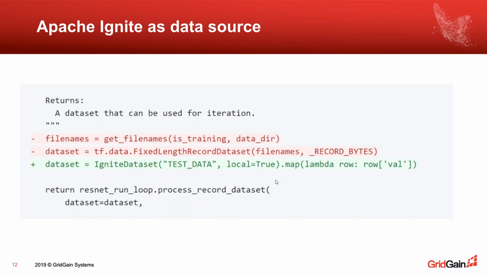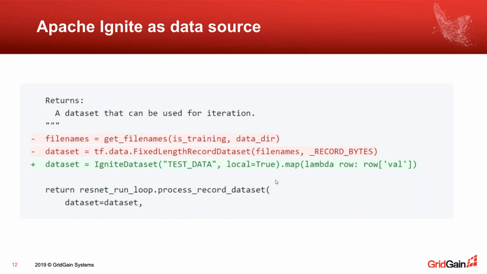How did we achieve it? We made some patches for TensorFlow and some patches for Apache Ignite, and now TensorFlow has native support of Apache Ignite. And that's only one case.